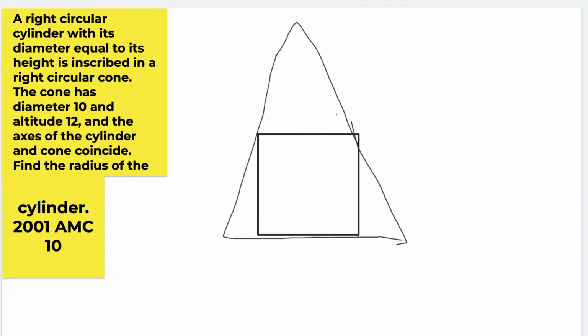The cone has a diameter of 10 and an altitude of 12. I want you guys to try and find this out. Try this problem out. It's actually a very nice problem.